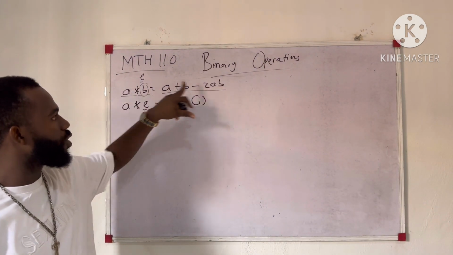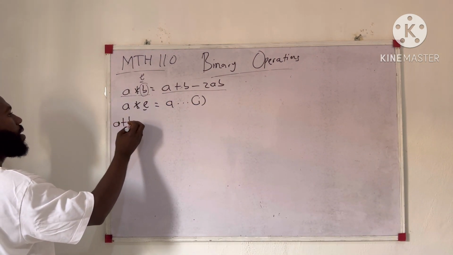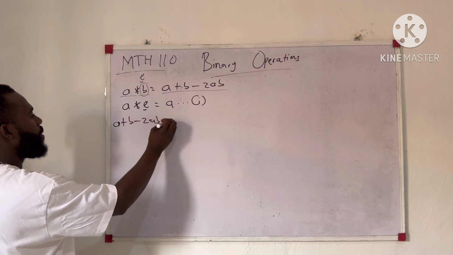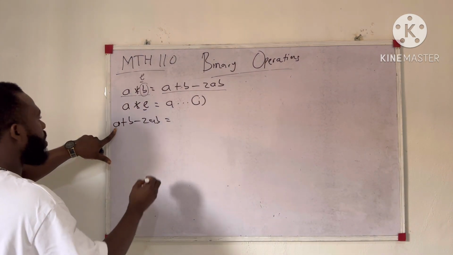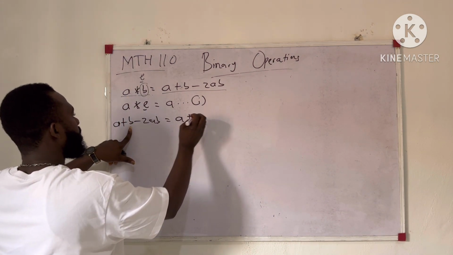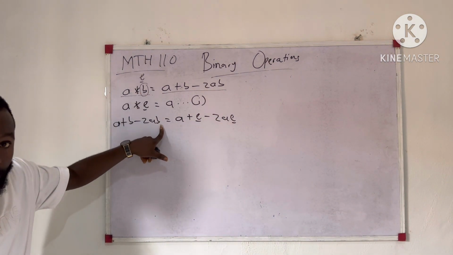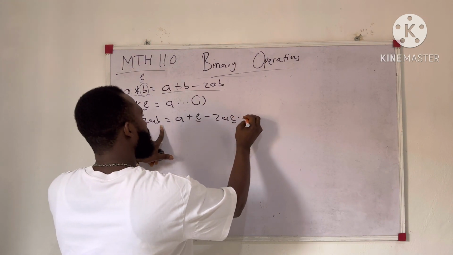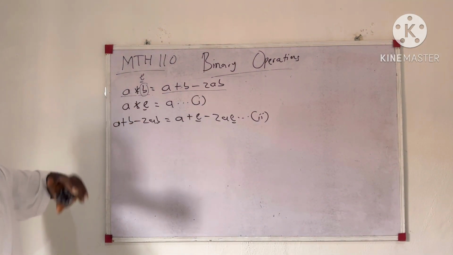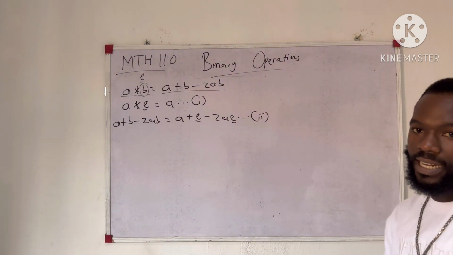So bringing this equation in the right hand side here, which is a plus b minus 2ab, if we are writing this now, it becomes a plus identity minus 2a identity, because we also have b here. So what do you call this now? Equation 2. Equation 1 is a and equation 2 is a plus identity minus 2a identity.